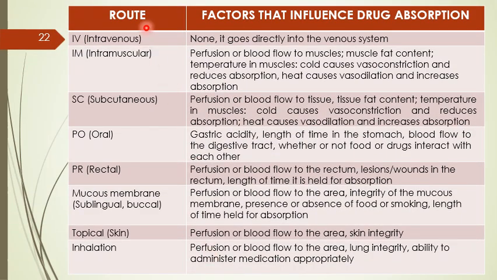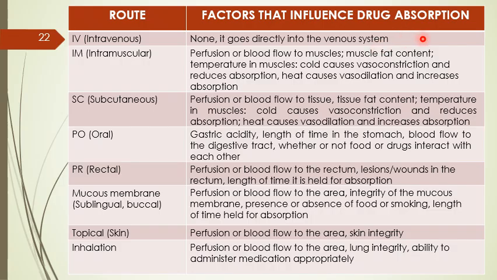Now let's see the various routes: IV, IM, SC, PO, PR, mucous membrane, sublingual under the tongue, buccal by the cheek, topical on the skin, and inhalation through the breathing. The factors that influence drug absorption can be many things. The one with the least interference is IV because it goes directly to the venous system.